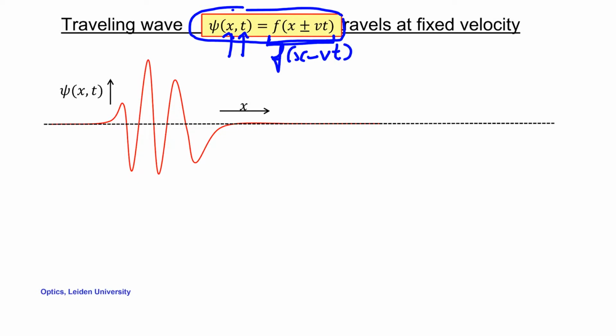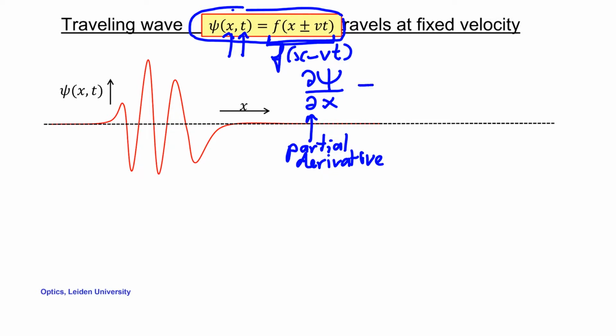But that's not an equation, or at least it's a functional form. We look for an equation of motion, like you have F is m times a in mechanics. So you look for something with derivatives. And derivatives of this function psi are somewhat complicated in the sense that the function depends on 2 variables, and that's why we will introduce a concept which is called the partial derivative, indicated by these curly deltas.